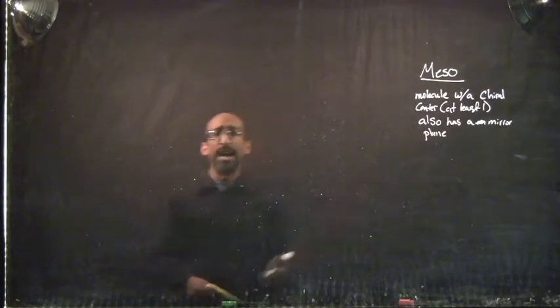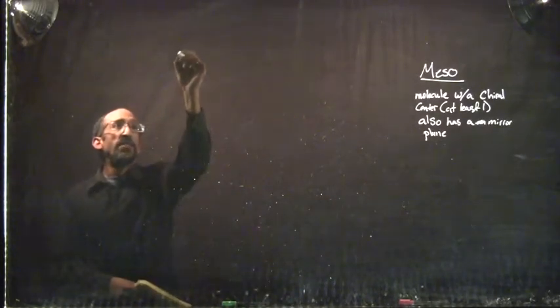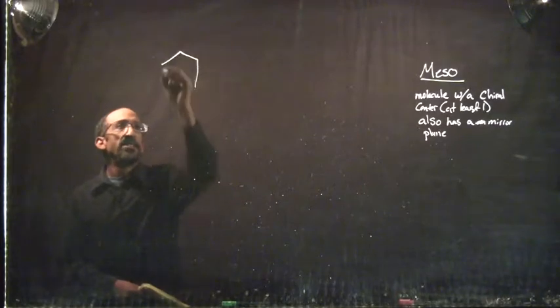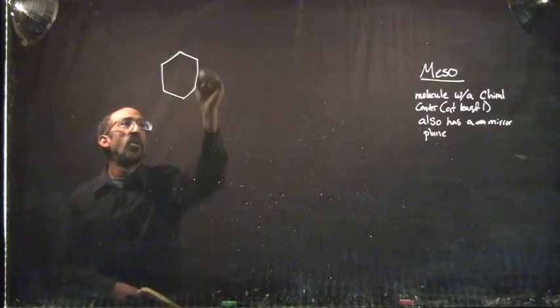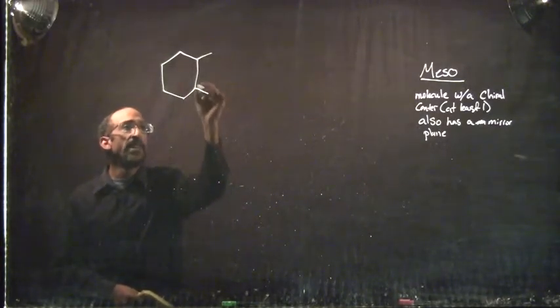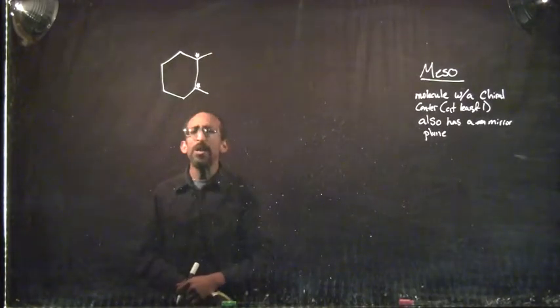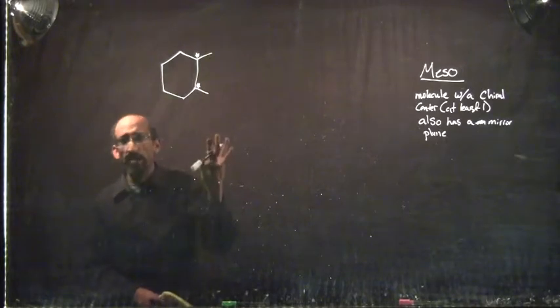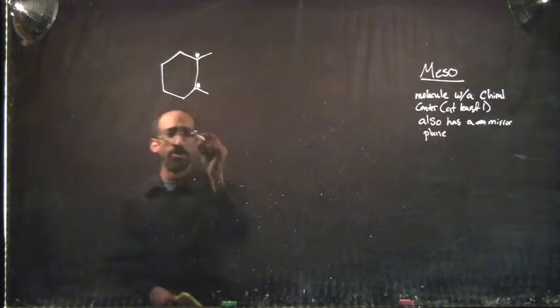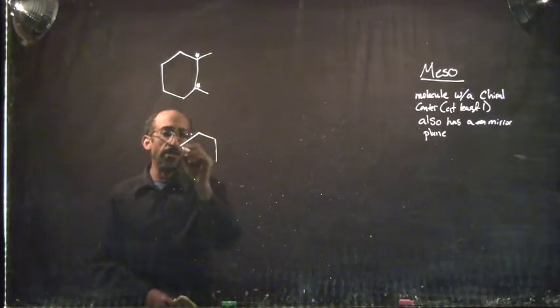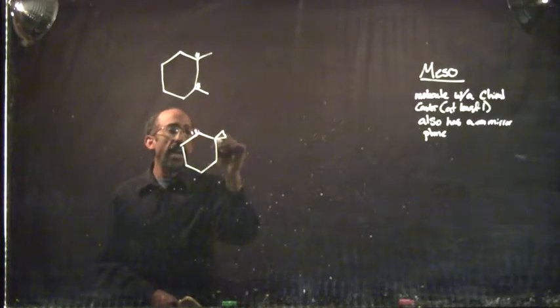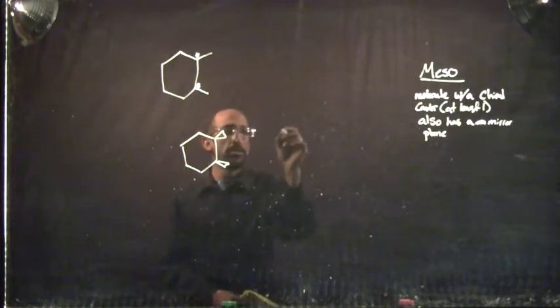So let's take a look at an example. So if I take this cyclohexane, and specifically 1,2-dimethylcyclohexane, I see that I can have up to two chiral centers in it. And so I can have up to 4 configurational stereoisomers. And let's draw those out. So I can have wedge and wedge.